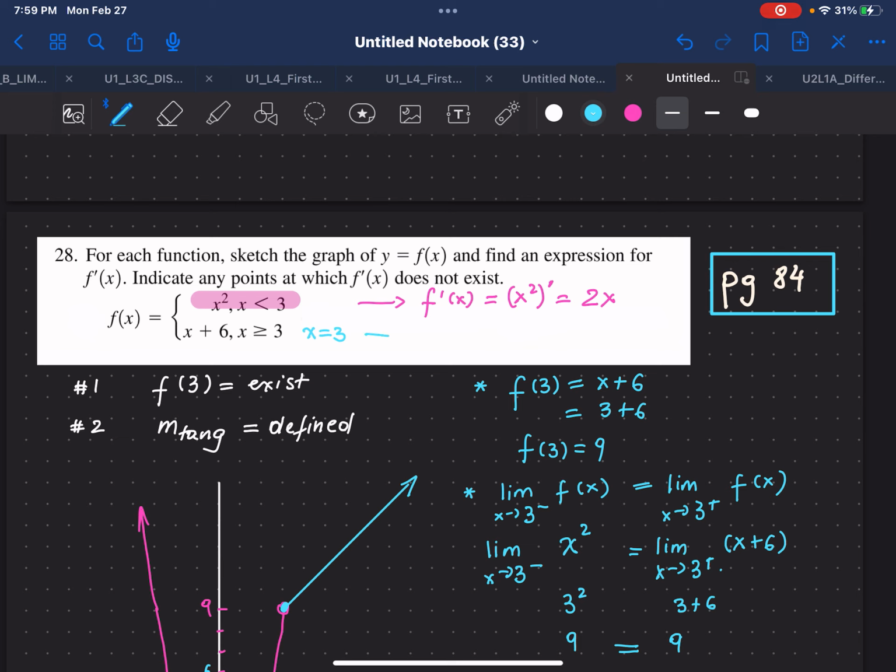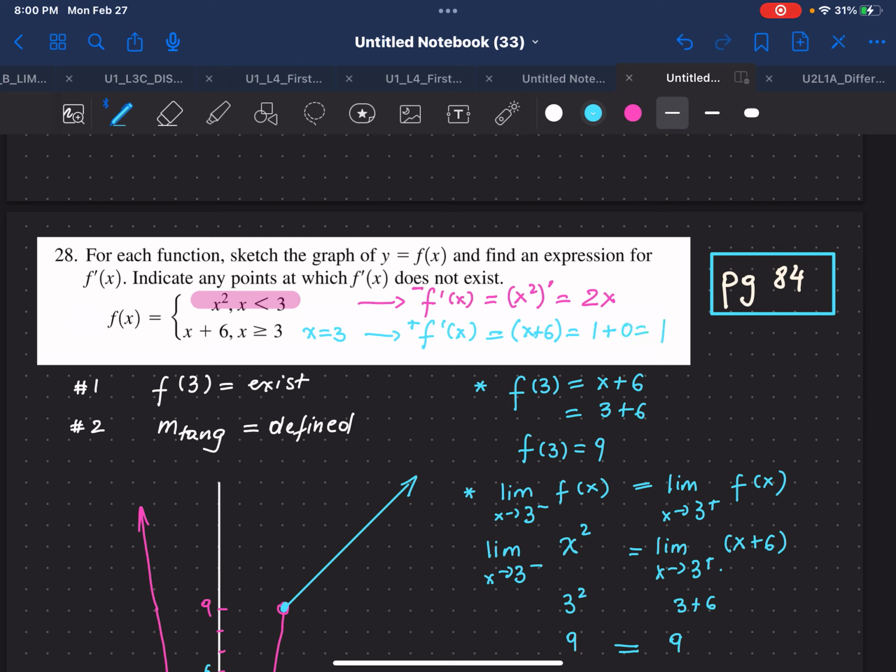For the second piece, which would be f prime, again, this would be on the left-hand side, we can call it, and this would be on the right-hand side, if you wish. And for the second piece, we'll say that the derivative will be the derivative of x plus 6. The derivative of x plus 6 is the derivative of x, which is 1, plus the derivative of the number 6, which is 0.